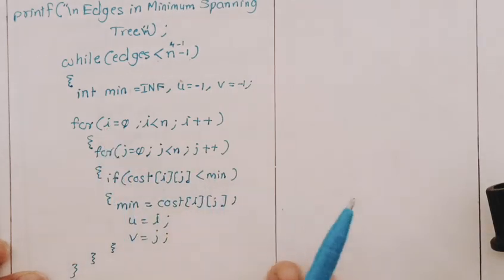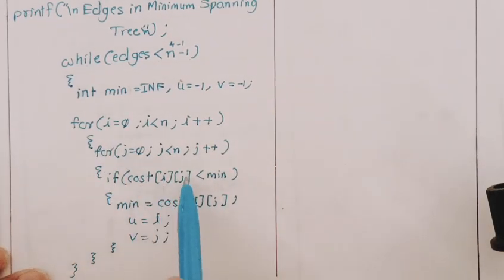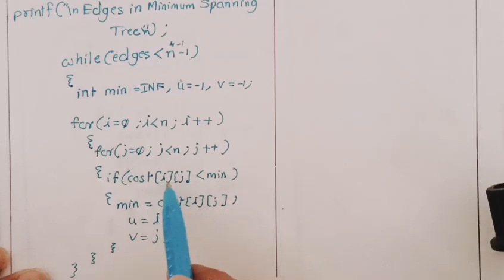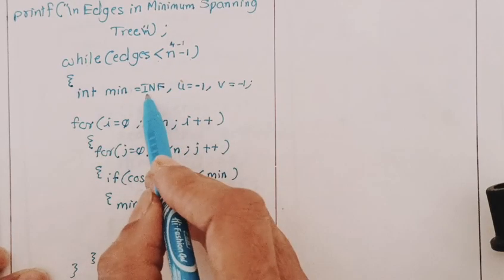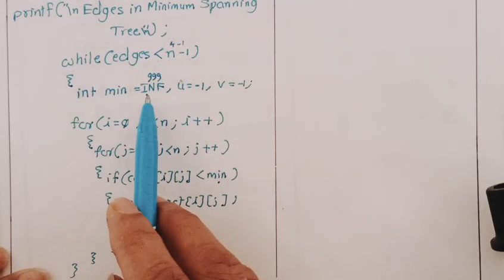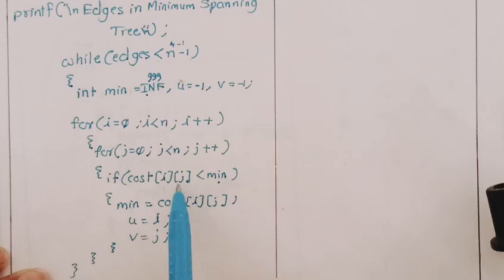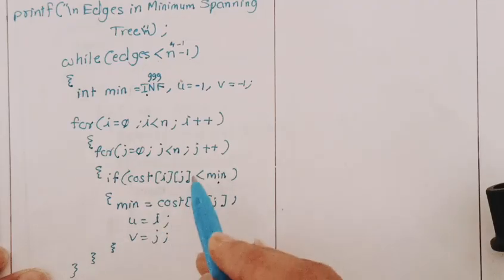Then check if the cost of that matrix element is less than minimum. The first minimum should be INF, which is 999. So if the cost of i and j is less than 999, then you put that value into minimum, and u equal to that i index and v equal to that j index.